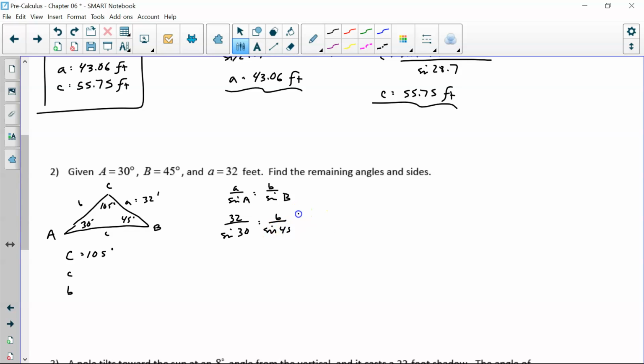So multiply both sides by the sine of 45. B equals sine 45 times 32 over the sine of 30, which is about 45.25 feet.